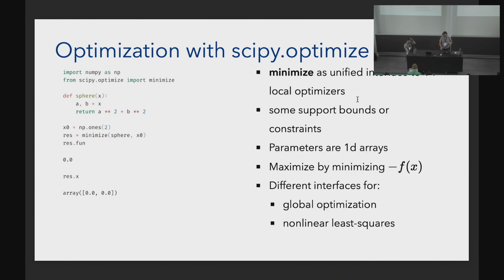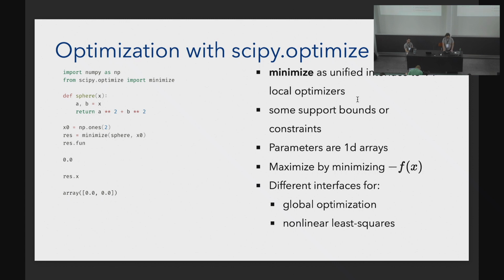And for example, if you want to do a maximization, you need to flip the sign of your objective function and then minimize the objective function with that flipped sign. And if you have some other needs, for example, you need a global optimizer or you have a special structure to your problem, then you can use a different interface that's also in scipy.optimize that we're not going to cover here today, because we will later see some other ways to do that.